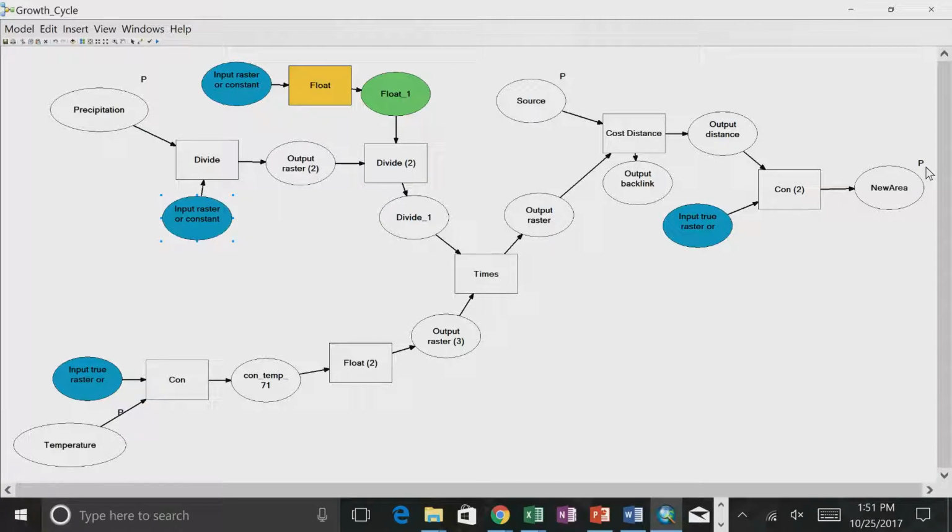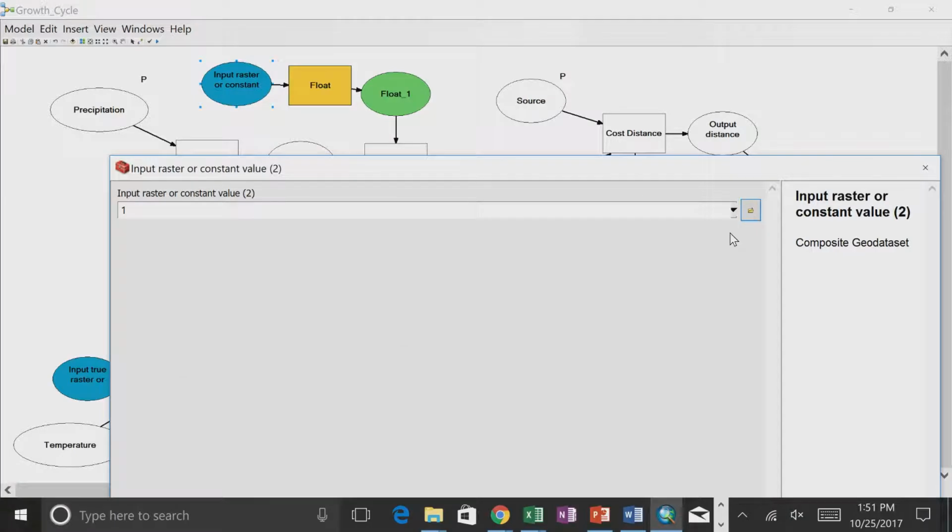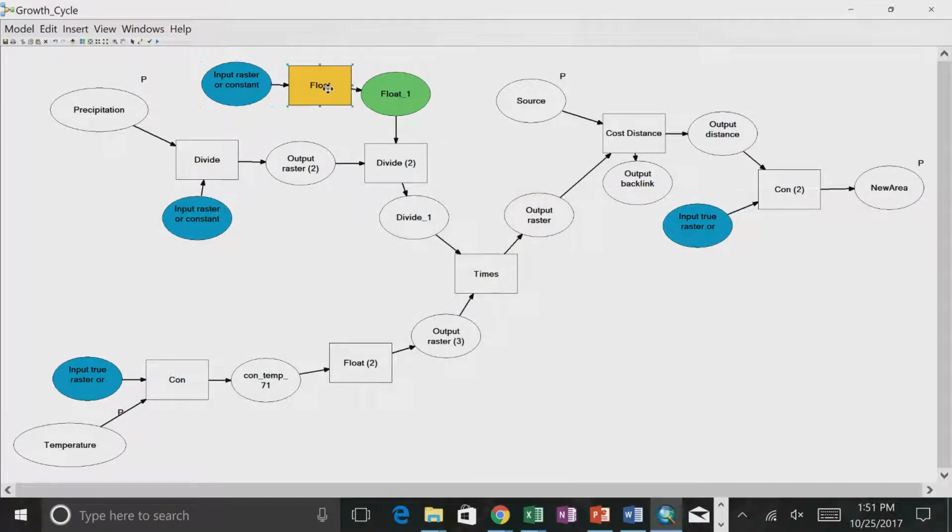Why are we doing this other divide? Yeah, this is the divide by 1, exactly. So if I look in here, you're going to see this value is 1, and I divided by 1. So why didn't I divide this one by 1?